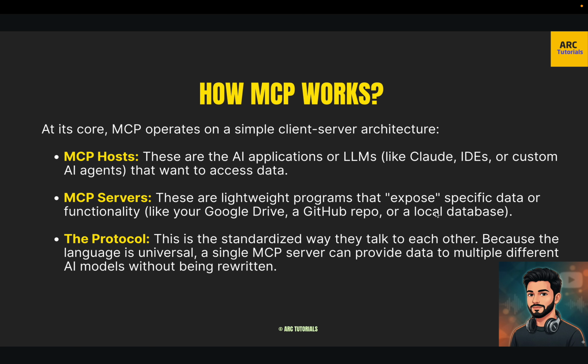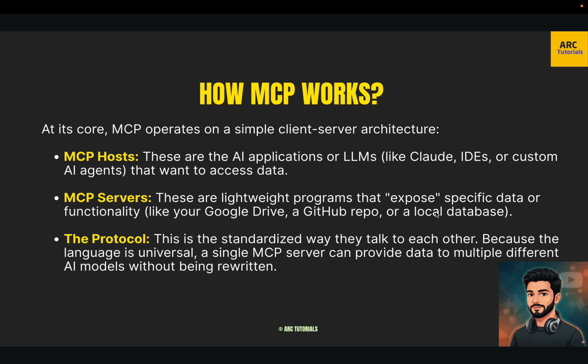Now these are the lightweight programs that expose specific data or functionality. For example, let's say a GitHub repo, it will get you all the permissions of the repo. Or say Slack, you want to send a message to which group, or Notion, which database to update. So an MCP server has programs that expose functions or data that you can plug into your host.